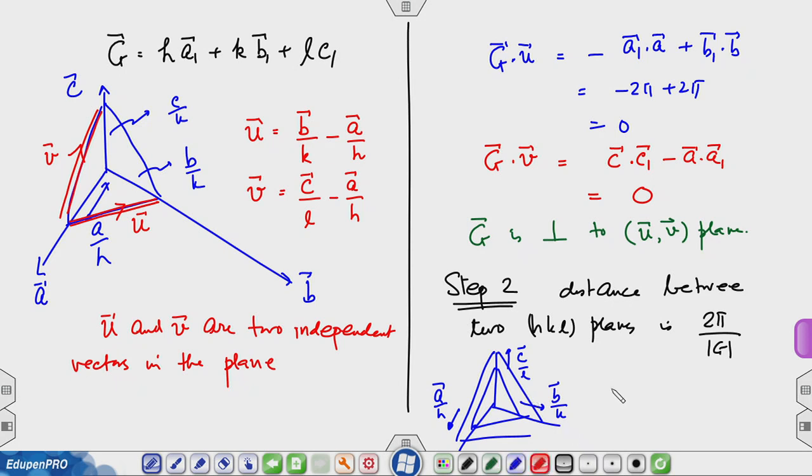So, d HKL is going to be C over L dot G divided by mod of G. So, I am taking the projection of a vector from one plane to the other along the perpendicular, and that is the distance.